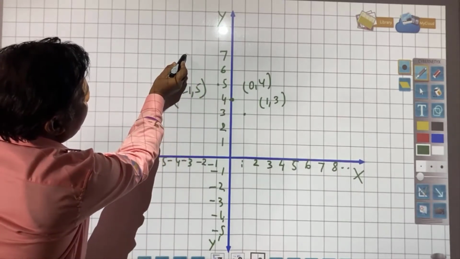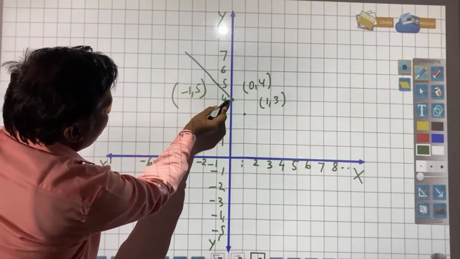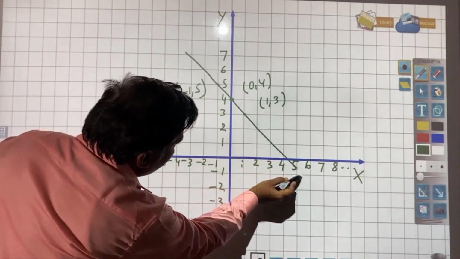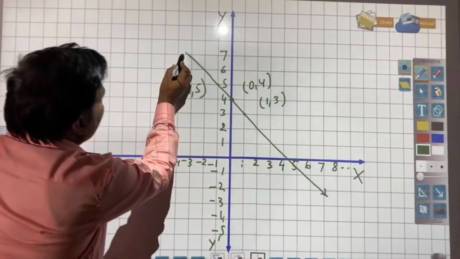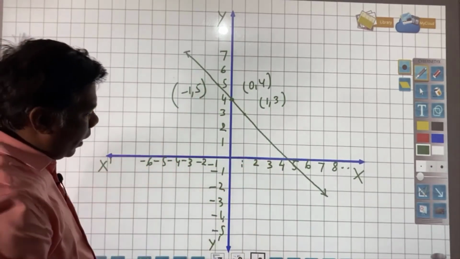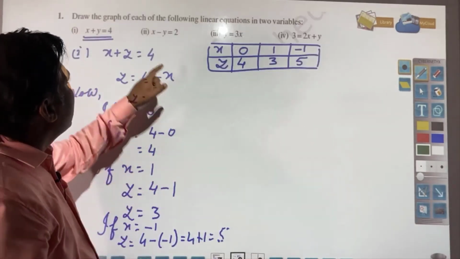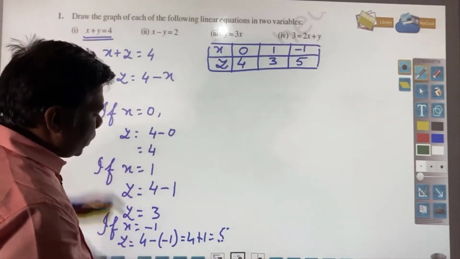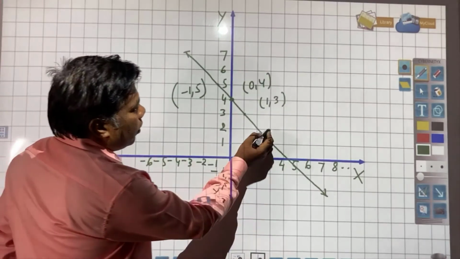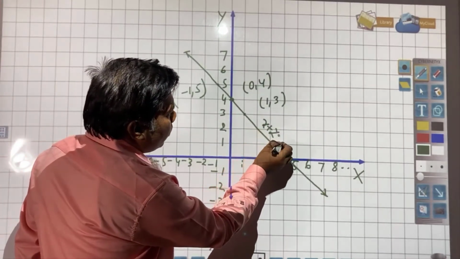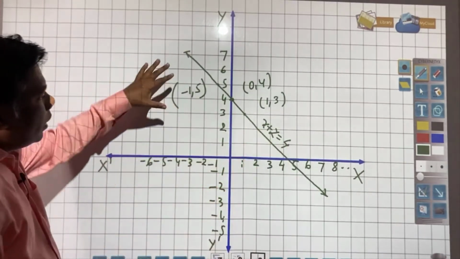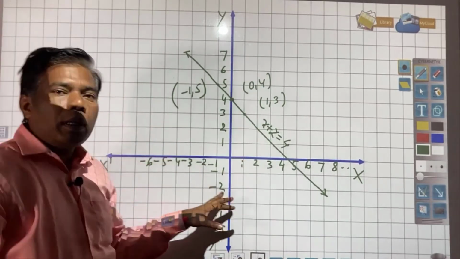So this is required to be joined with the help of your ruler in proper way, in this way. And this equation what you have got, this is your given equation x plus y is equal to 4. In this way, graph is required to be plotted.